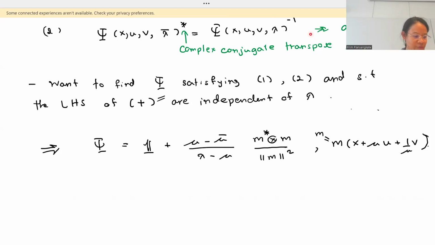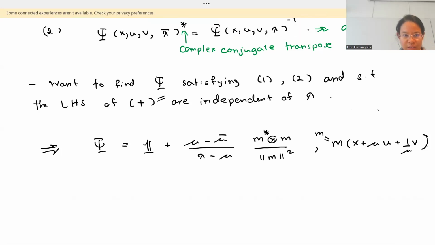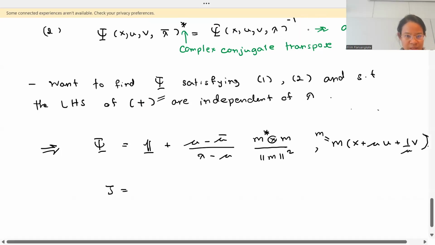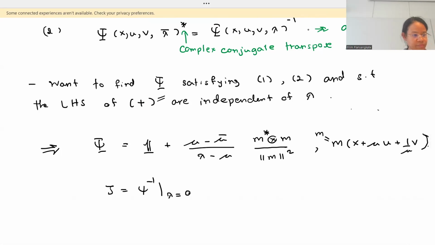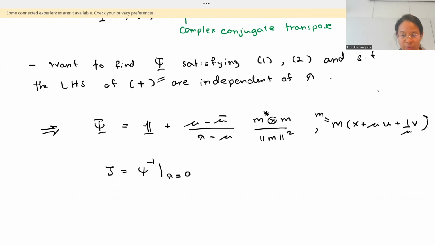We can work out J from it, where J is psi inverse with lambda put to 0. This will be a solution to the Ward model. Maybe let me write one solution that you can check satisfies the Ward model.